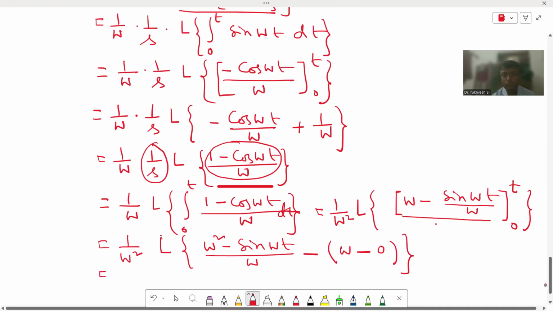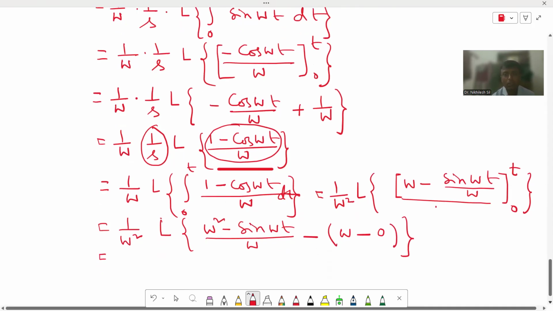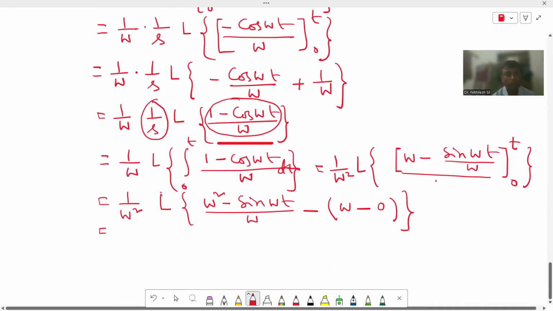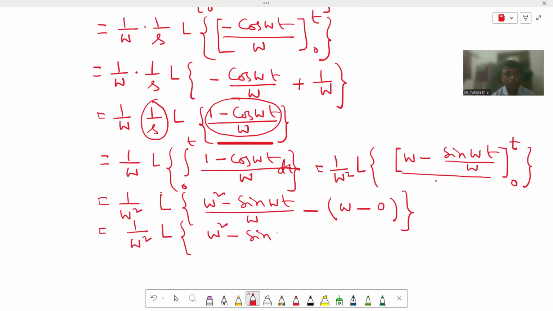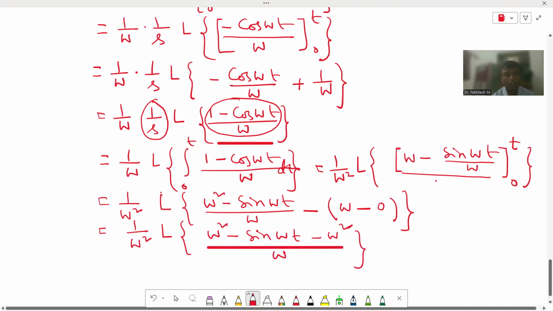So this becomes 1 by omega square, Laplace of omega square minus sine omega t minus omega square divided by omega.